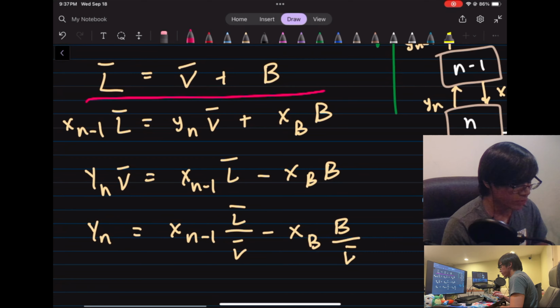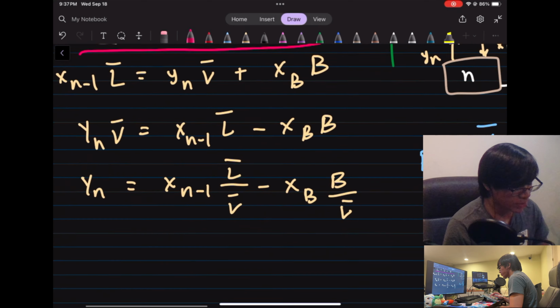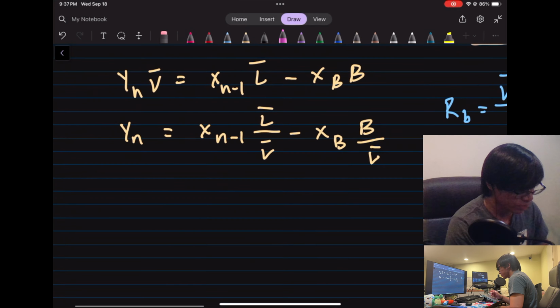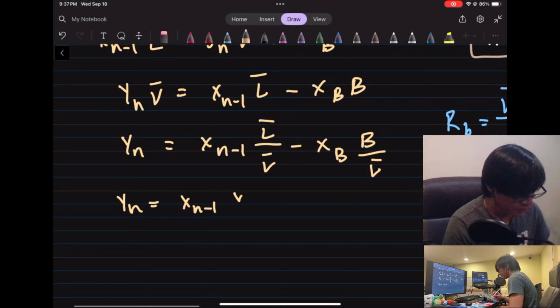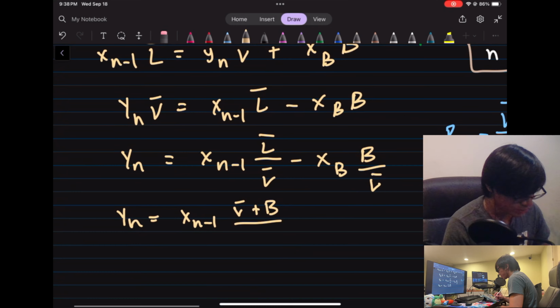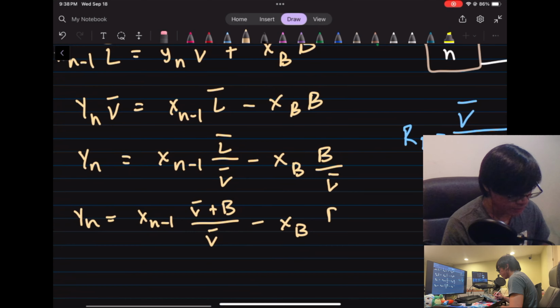Liquid flow rate equals vapor flow rate plus our bottoms. So I'll go ahead and do that. Yn equals L bar over V bar times xn minus 1, and L bar is equal to V bar plus B, dividing by V bar, minus xb B over V bar.